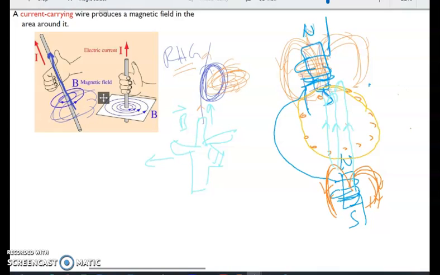If you have your current moving to the left, it means you have a current moving into the plane. So you can see from here, let's say the plus sign, and here we have a plus sign. So it means you shall have a force to the left or to the right.